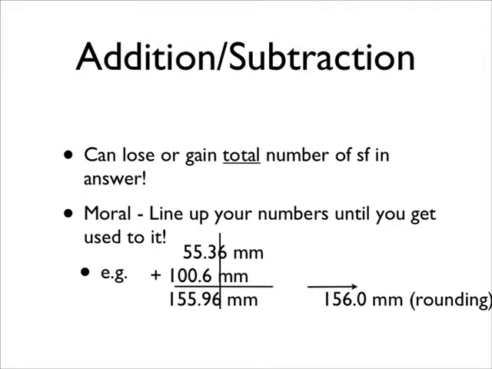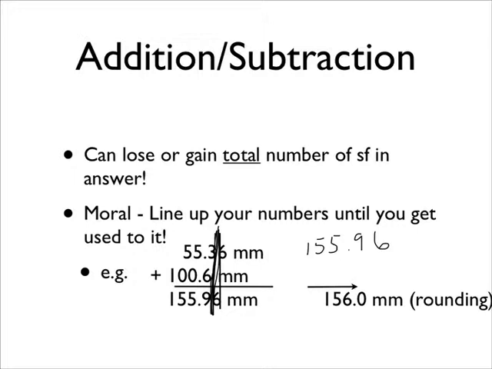So if I had 55.36 millimeters plus 100.6 millimeters, and I line that up, I'm going to cut my number off at the tenths place, so 155.9. Now, we have that 155.9, but the next number is a 6. So, just like we do in all of our other bits of math, we can round.